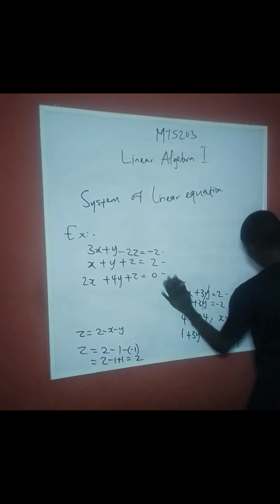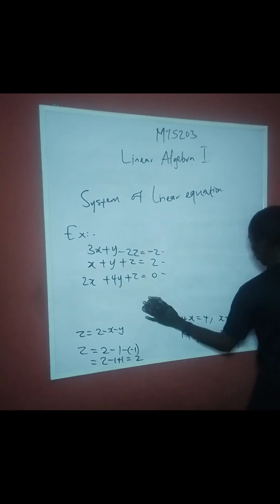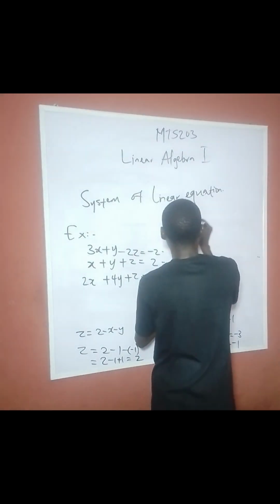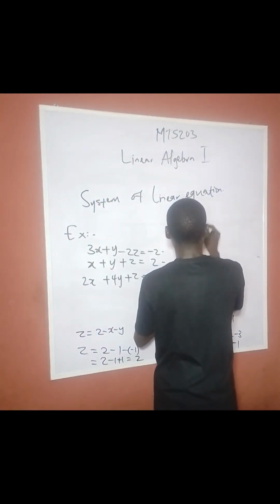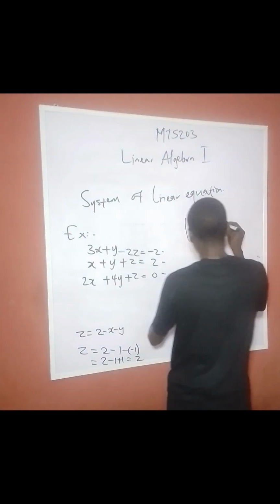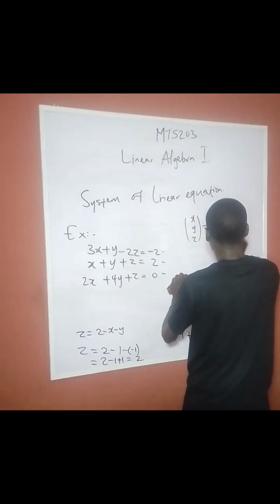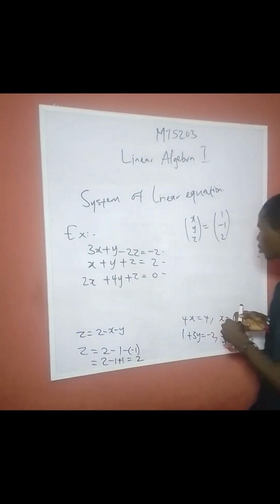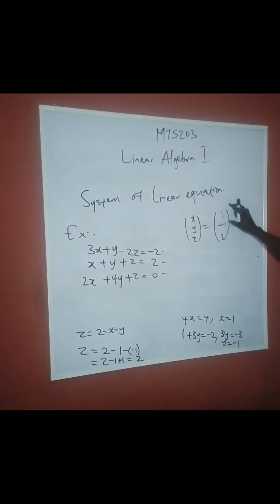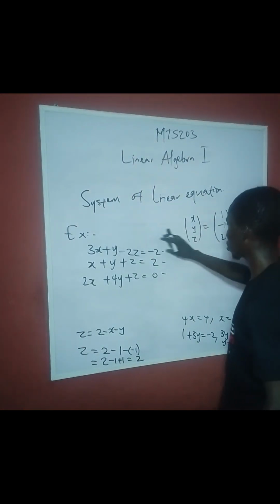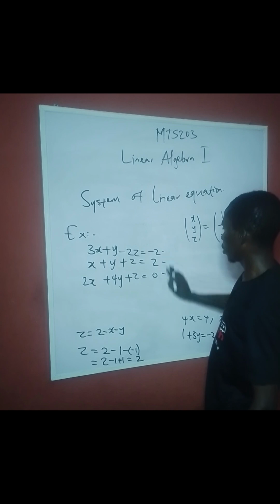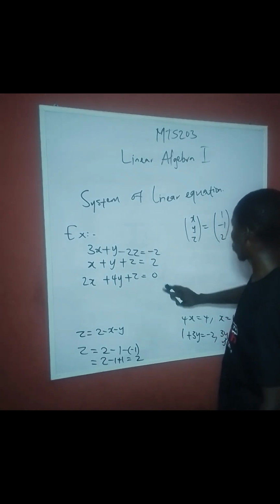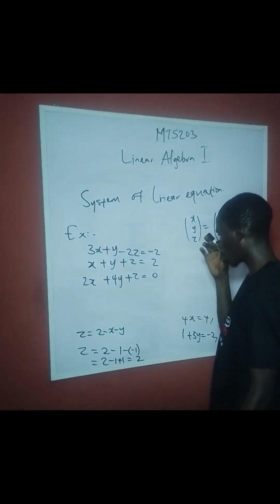That is, I know my values for my x, y, and z, which are 1, minus 1, and 2. So for you to check, you can just substitute your values in any of the equations. They must give you the answers. So that's how to solve using the normal elimination method.